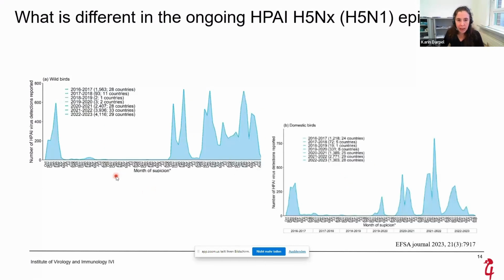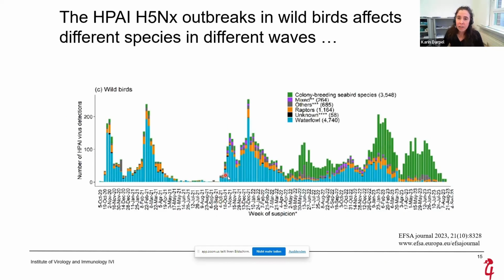And we can also see how closely the outbreaks within the wild bird population are mimicked in outbreaks in domestic birds, and that there's a clear case for spillover, but also spillback from the domestic birds into the wild bird population. And in the different waves, different wild bird species were mainly affected.